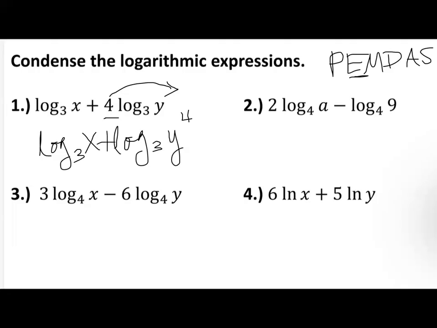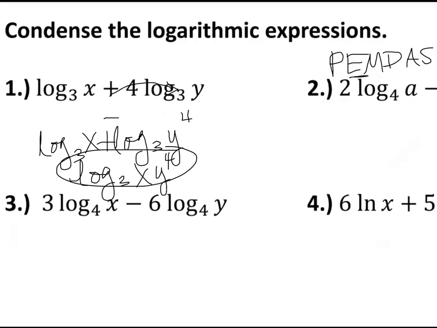Now, addition would be the product rule. If I had thought a little bit more about this, I would have gone the other direction first. But anyway, log base 3 of x, y to the 4th is your answer for that one. It's all kind of squished in there. Let me see if I can fix it. There we go.